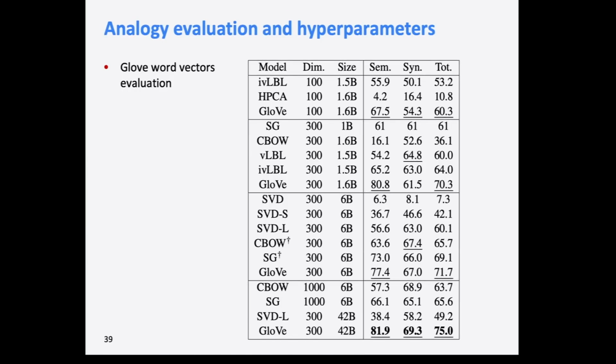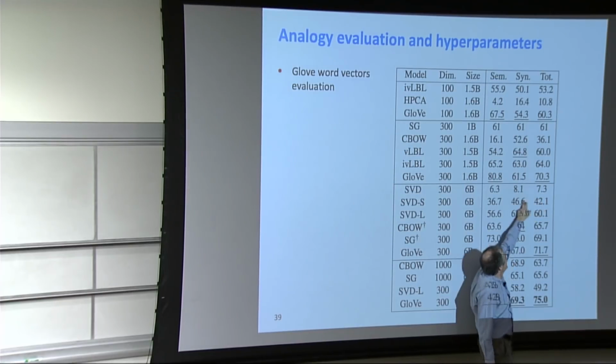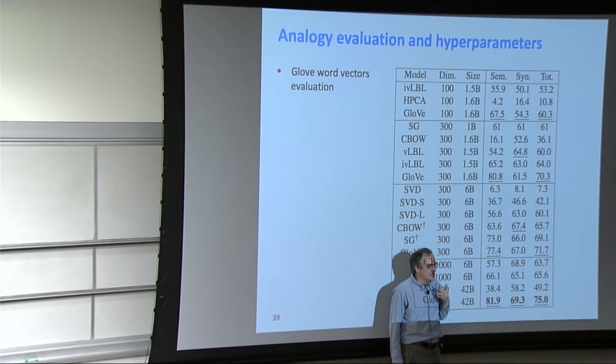Here's a big table of results that comes from our GloVe paper. Not surprisingly, the GloVe model performed best in this evaluation because it was our paper. But perhaps the things to start to notice is, if you just do a plain SVD on counts, that works abominably badly for these analogy tasks.